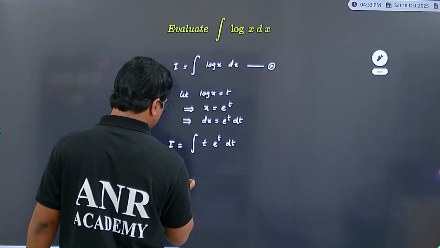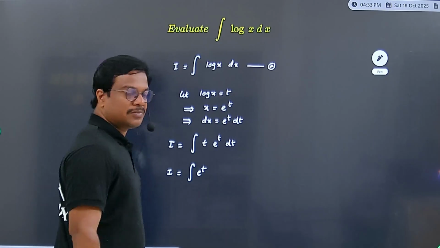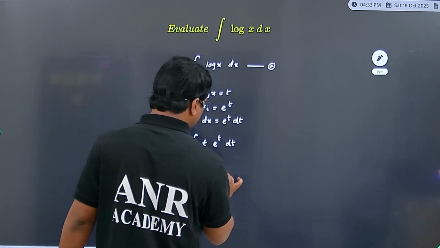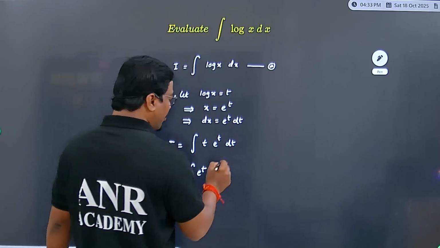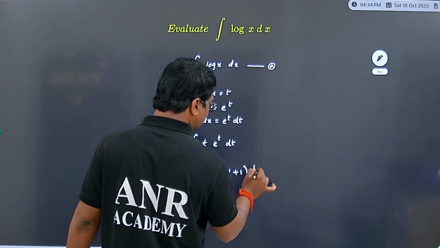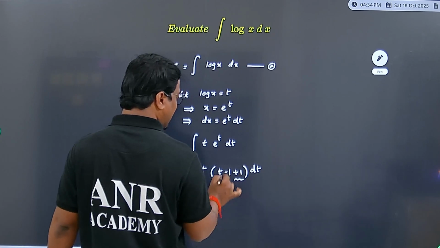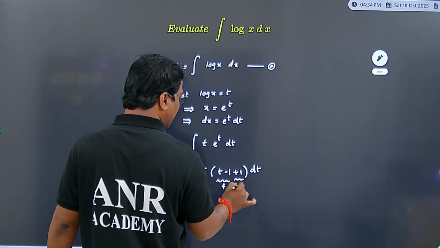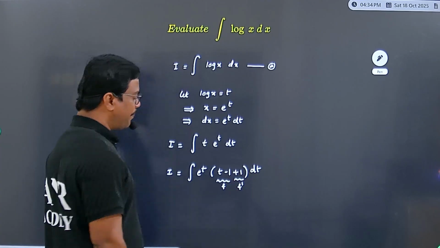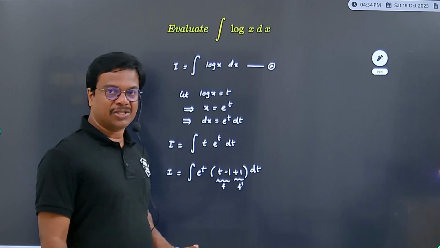Next, integral e power t into t. I am going to write minus 1 plus 1 to this. Now observe, when you write plus 1 minus 1, if it is f, then you can treat this as f dash, since the derivative of t minus 1 is 1.